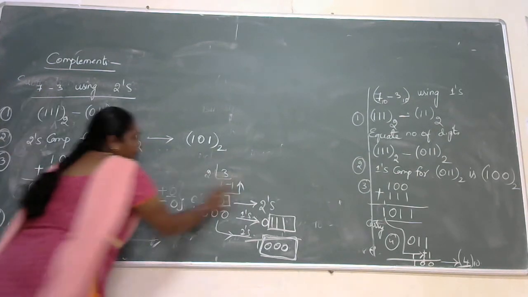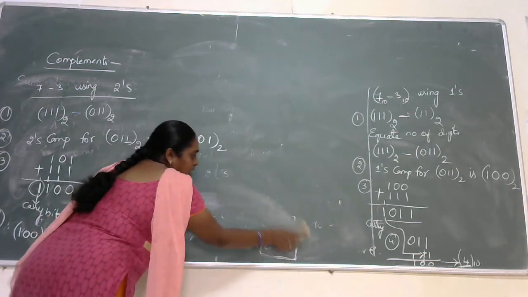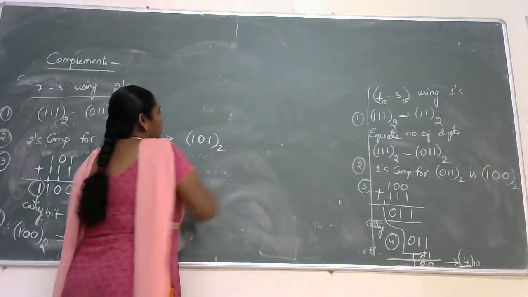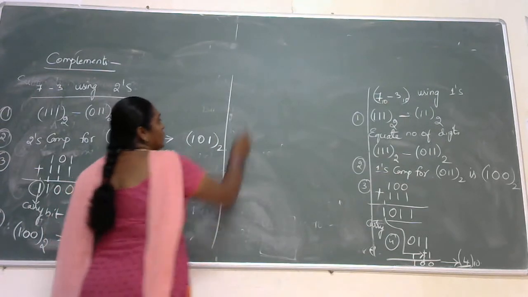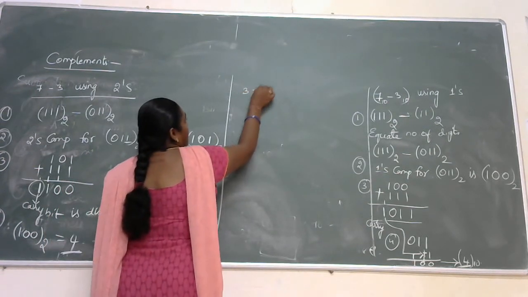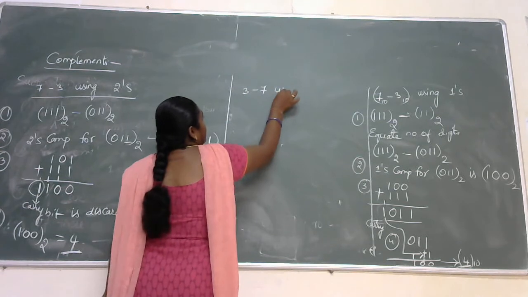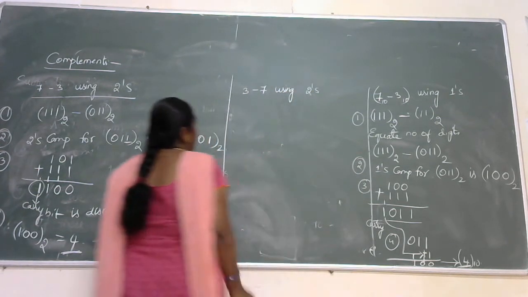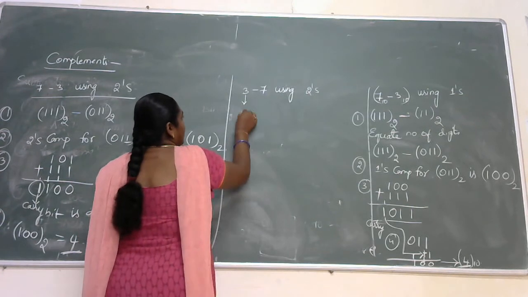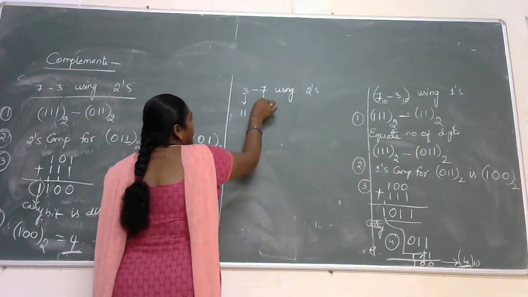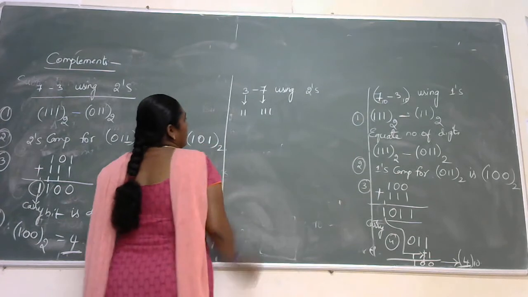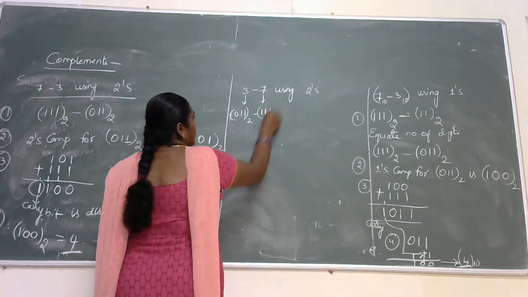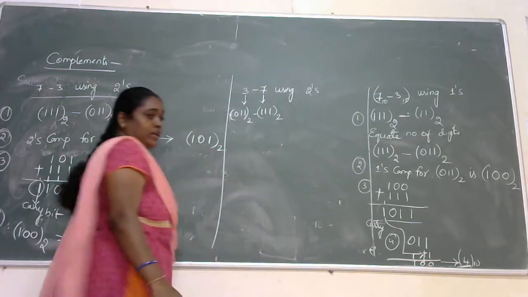But let me take an example the other way around, lowest minus highest, that is the reverse process, which is nothing but 3 minus 7 using 2's complement. So here the equivalent of 3 is 11, and the equivalent of 7 is 111. We need to equate the number of digits in both. So here 011 minus 111 in base 2.